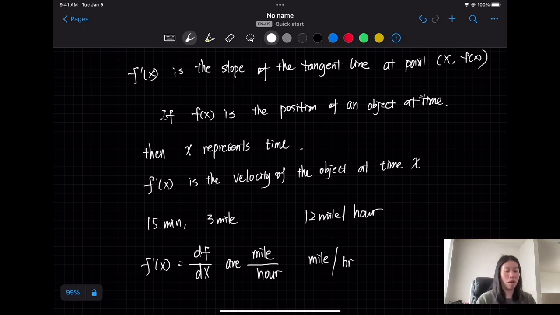Okay, so another thing that is very common for us to see in the business world is marginal cost, marginal revenue, or marginal profit. We will explore these terms in more depth in a later section. So basically, marginal cost is approximately the additional cost of making one more object once we have already made x objects.